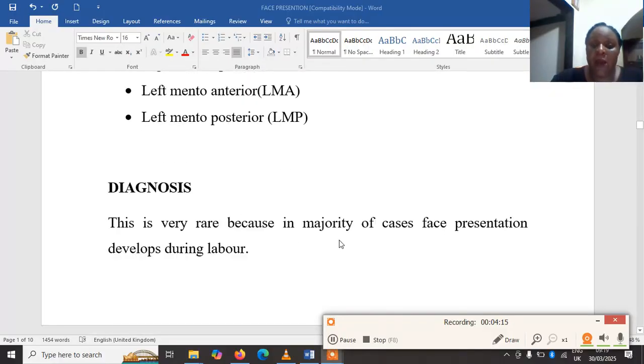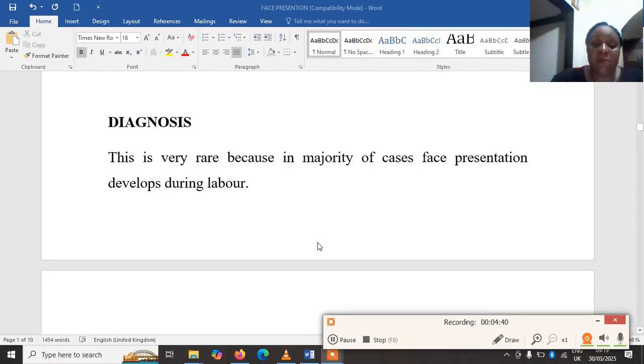So how are we going to diagnose face presentation? It is said to be very rare to diagnose it before labor, because the majority of face presentations are secondary. They come in during labor. So in the beginning it may not be a face presentation, but as labor progresses, face presentation sets in.